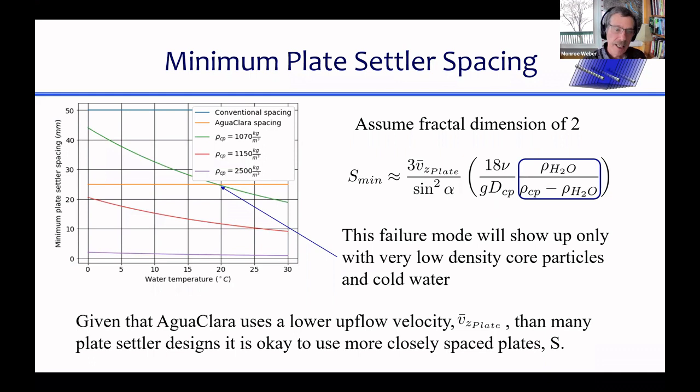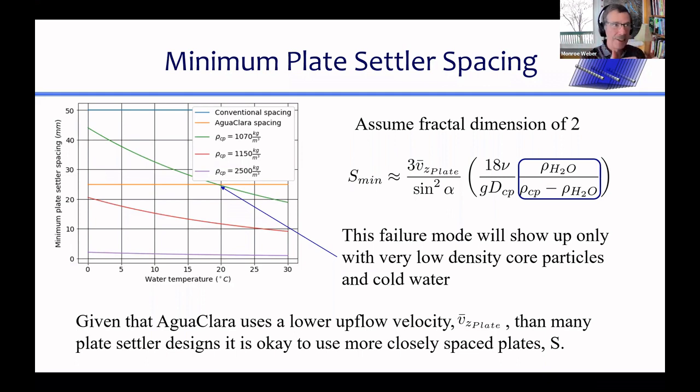So if the density of the core particle is at least 1,150 kilograms per meter cubed, the red line, then it looks like we could get away with 20 centimeter plate spacing and we'd be fine even for the coldest temperatures. The problem is that we don't actually know what the density of the core particle is that is our critical case.